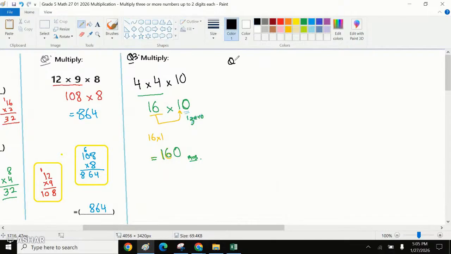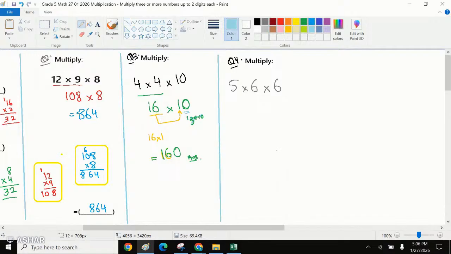Question number 4 says multiply, and the numbers given are 5 multiplied by 6 multiplied by 6. So what we need to do is multiply these 3 single digits.